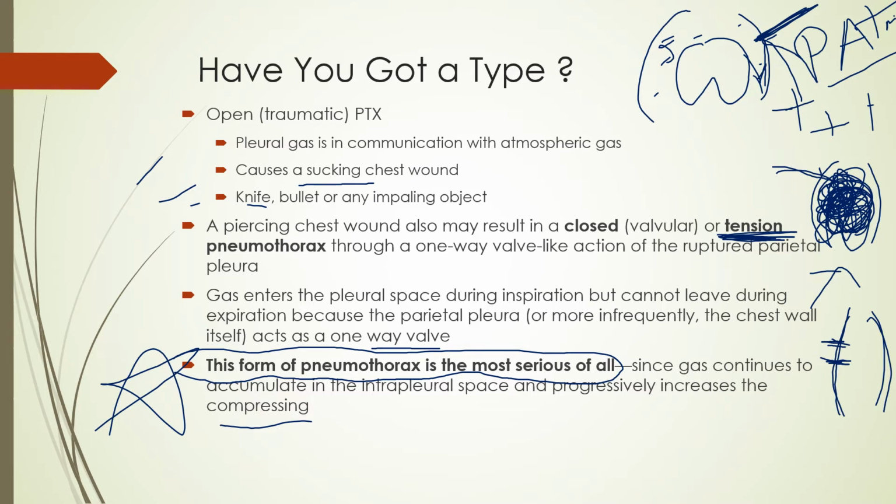This person can go into demise very quickly. So just pay very close attention. If their AP diameter is increasing, this could be a sucking pneumothorax that developed a one-way valve, and that could then cause a rapid demise of this patient if we don't relieve that pressure soon, right? And we'll talk about different ways to relieve that pressure.